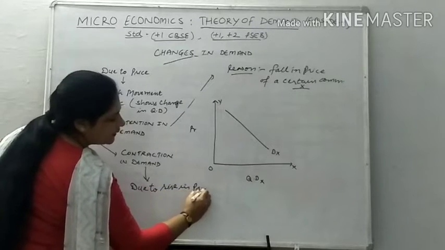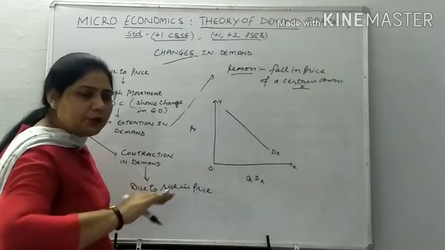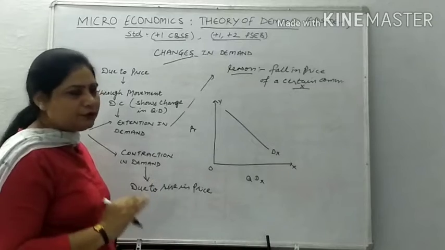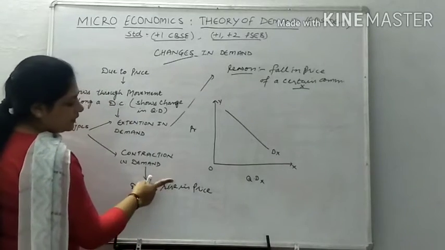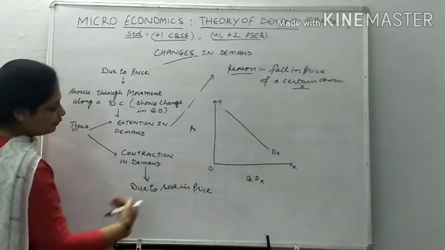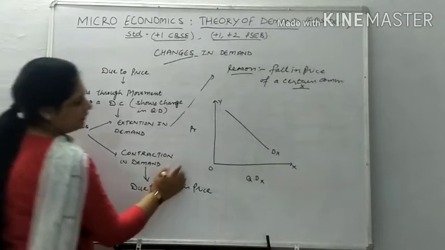If there is a rise in price of a certain commodity, other factors being equal and having no effect at all on consumers' demand, demand will decrease. We call it a contraction due to rise in price.